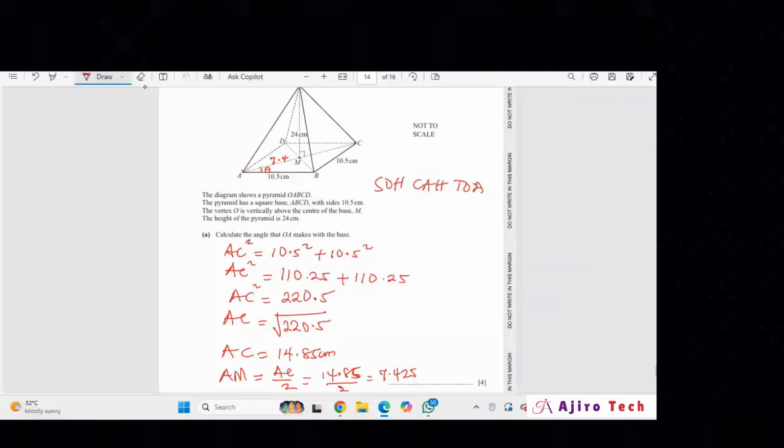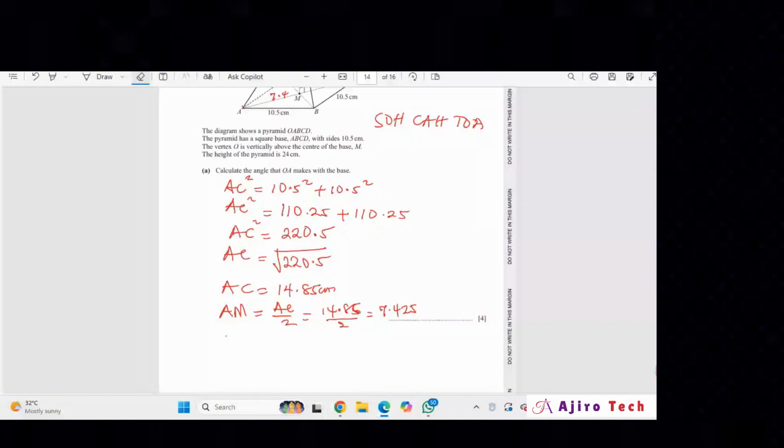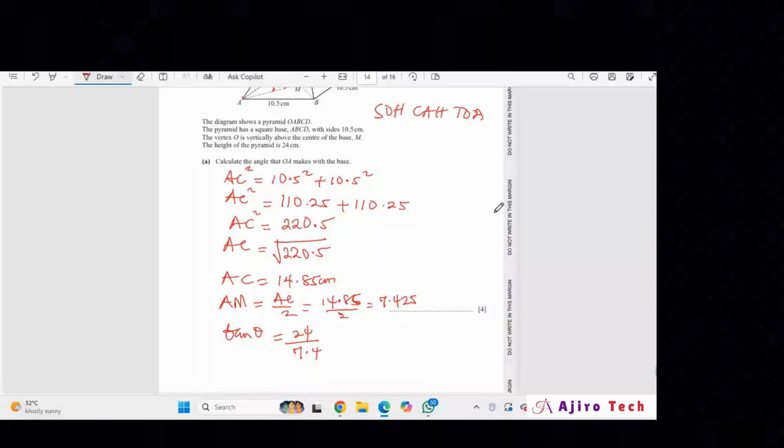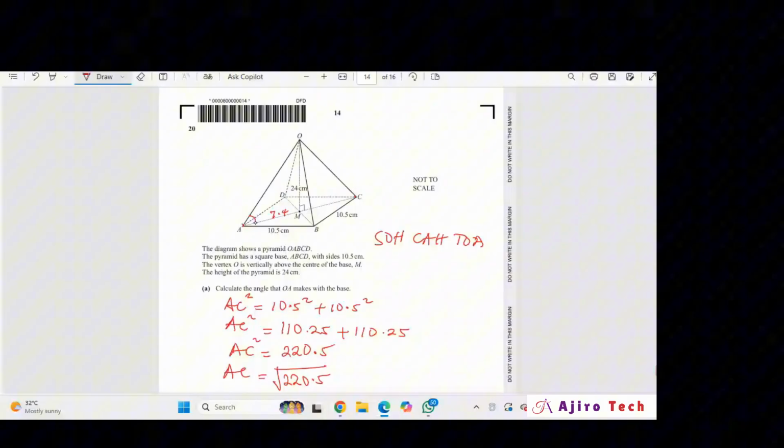For us to get that OA now, we're going to do tan theta is equal to opposite, which is 24, all over the adjacent, which is 7.4. Opposite is here, adjacent is here. Opposite over adjacent is tan. That is the angle I'm looking at.